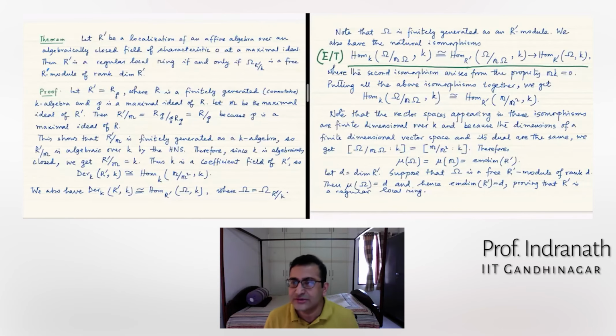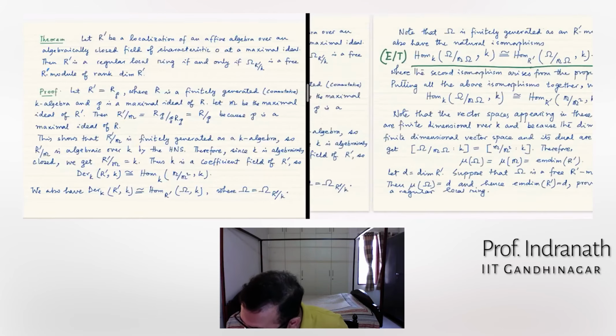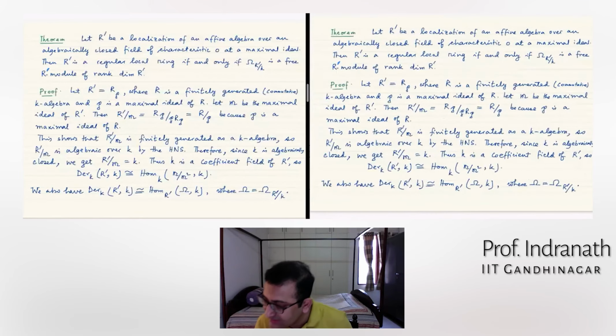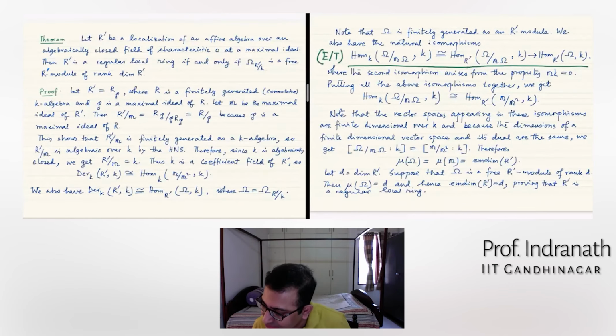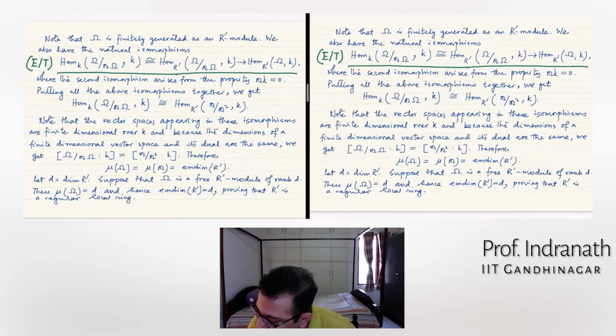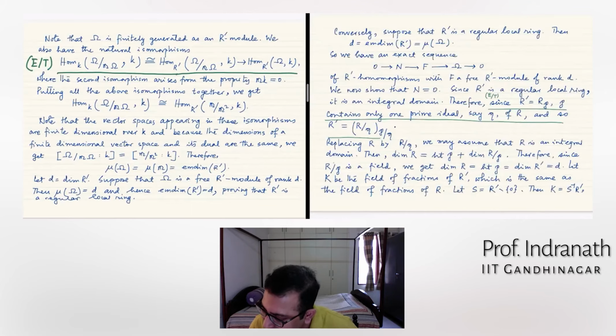Now the converse. If you assume that R dash, I'm sorry, not R, our definition is R dash, is a regular local ring, then you are going to show that Omega is free. Conversely, suppose that R dash is a regular local ring, then you know that D is the dimension and D is the embedding dimension.